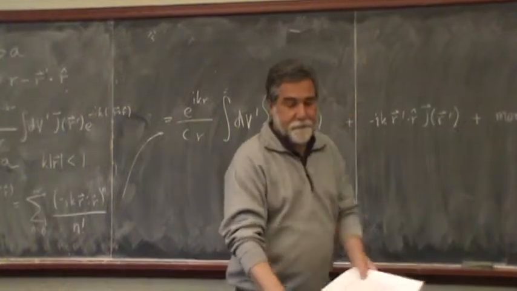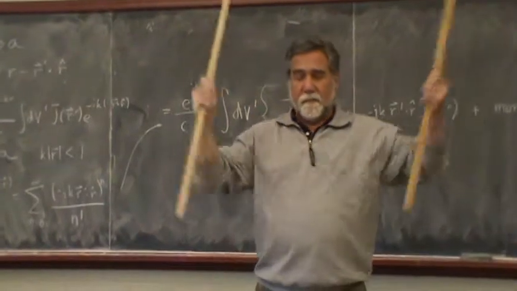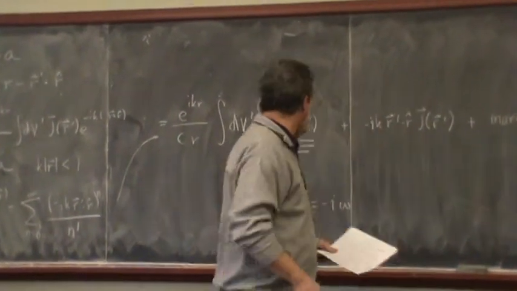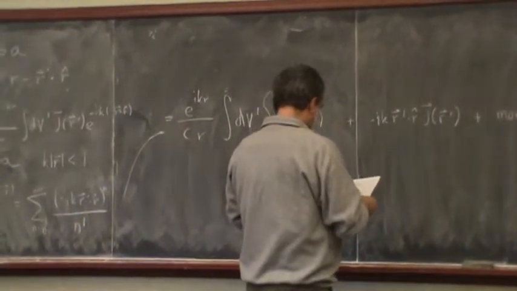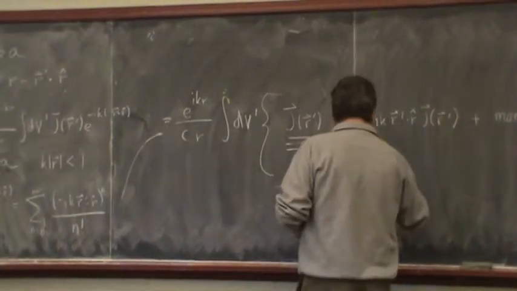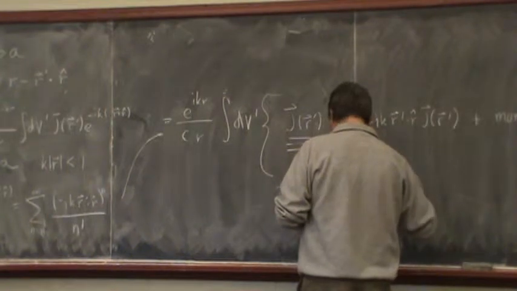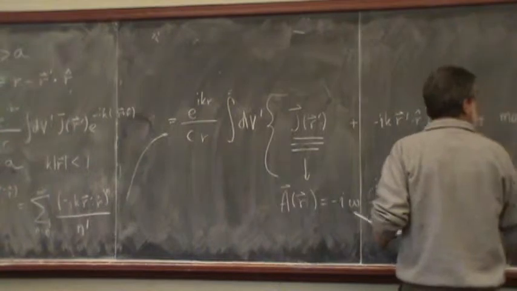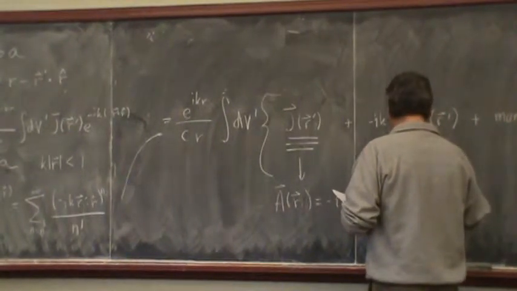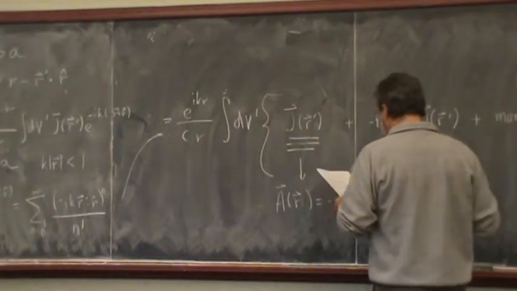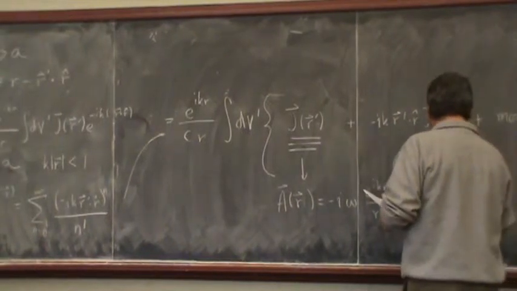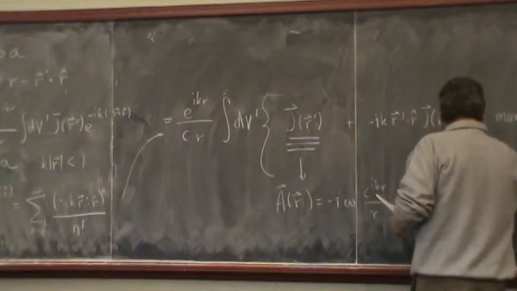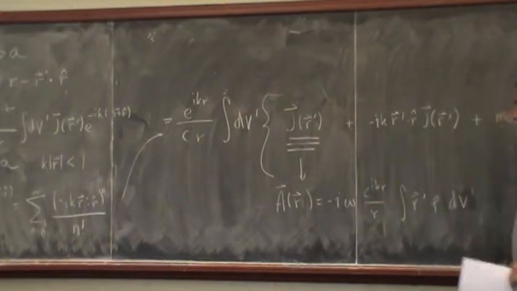Magic has occurred for the first term down here: e to the i k r over r. Integral now. This thing is now r prime, barring minus signs that I have probably dropped like crazy here, rho d cubed, rather d v prime.